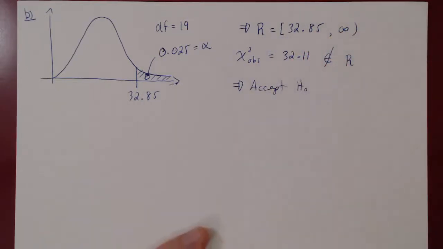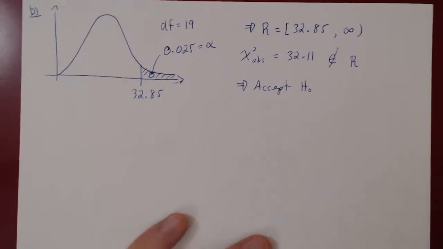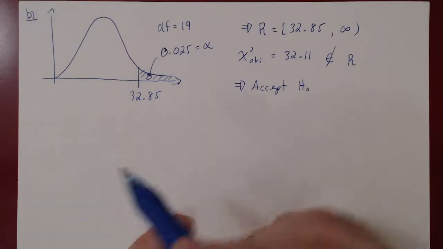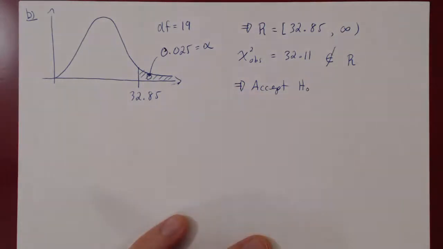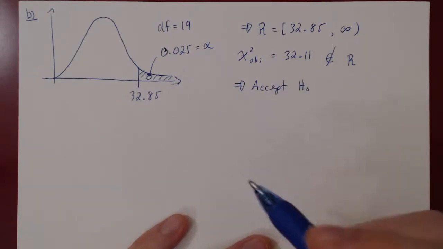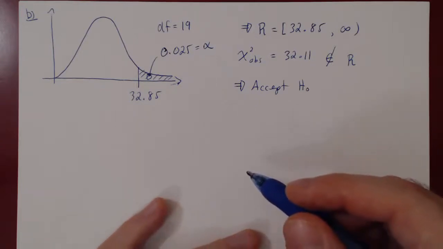And the answer therefore to part B is yes. You see, with a significance level of 5%, we ended up rejecting H0, and therefore accepting H1. But with a 2.5% level of significance, if we only reject the 2.5% of larger values, we end up accepting H0. Therefore, the bottle filler is still calibrated.